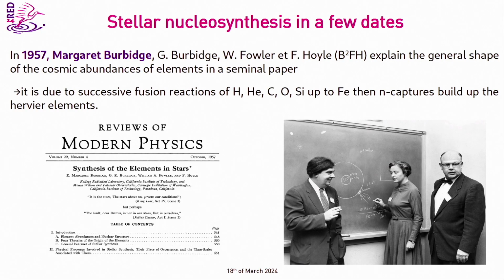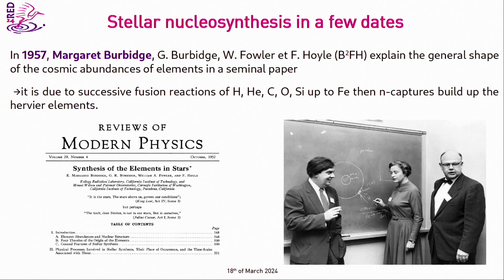Now we know how to pass through this helium burning barrier, how to go to carbon, and we can go further. And here comes a great lady, which is Margaret Burbidge, here in the center with her husband, Mr. Burbidge. For once, it's the lady first, so it's quite an achievement in '57.